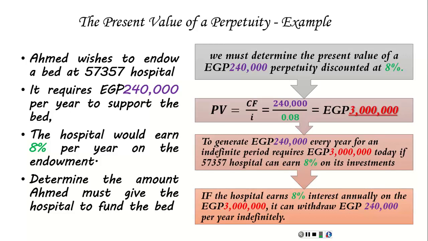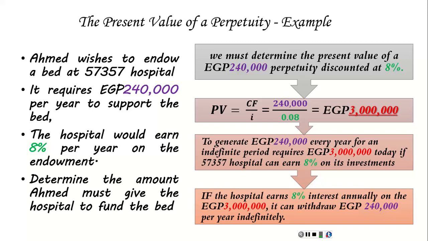Say the hospital can deposit the amount paid by Mr. Ahmed at the bank at 8% to get 240,000 per year as interest. So how much should Ahmed pay today, invested by the hospital at 8%, to get annual interest of 240,000 per year?